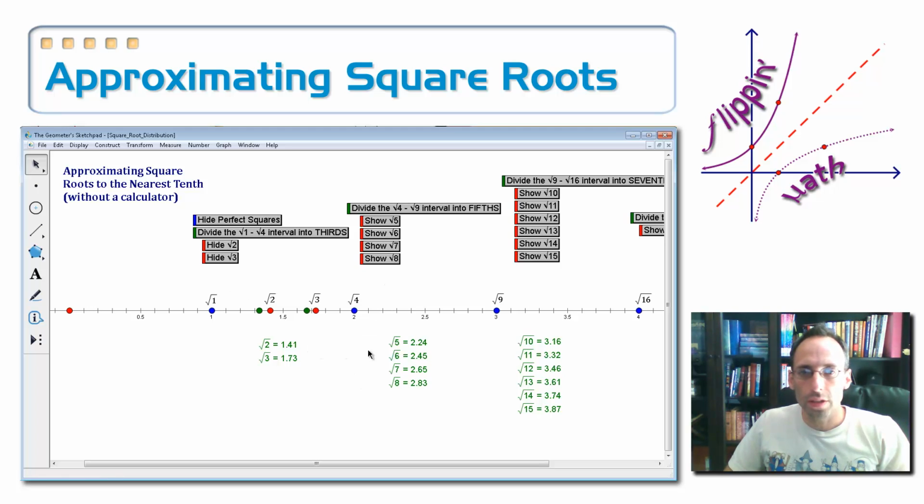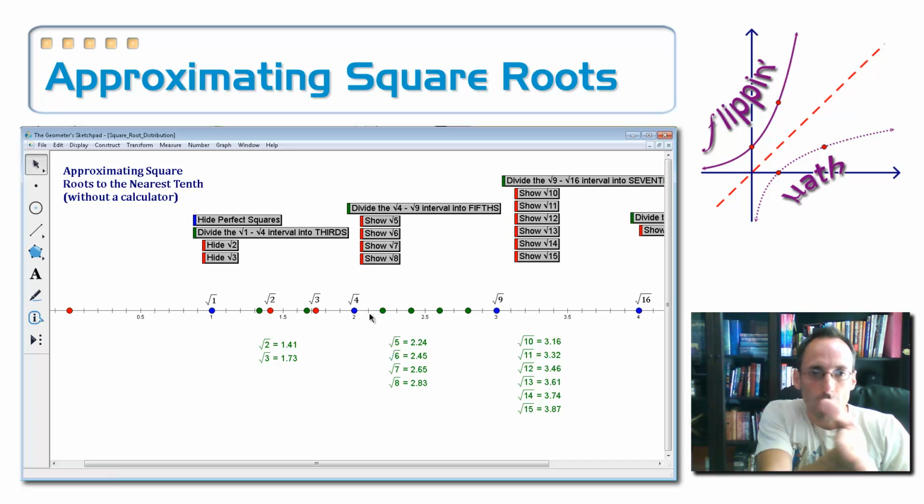Now let's look at the interval from the square root of 4 to the square root of 9. Here we're missing the square roots of 5, 6, 7, and 8. That's 4 more. If you include the square root of 9, that's dividing this up into fifths: 1/5, 2/5, 3/5, 4/5, 5/5. That's if the green ones are all evenly spaced.